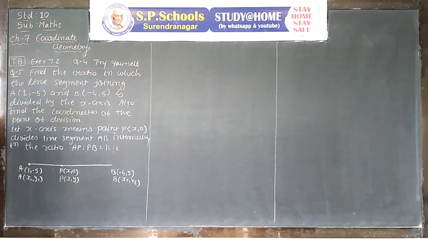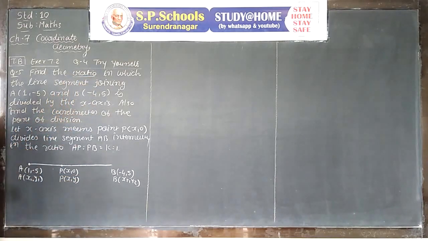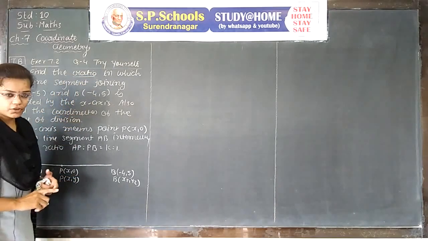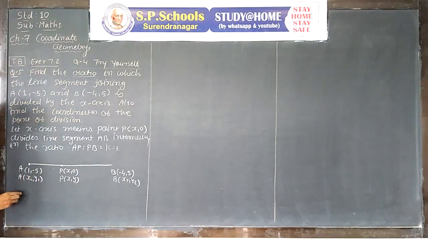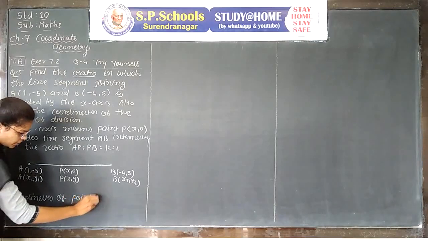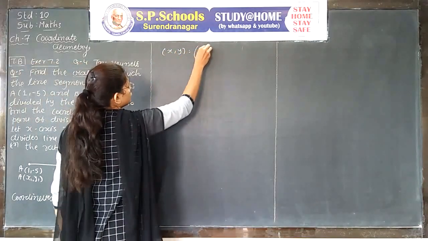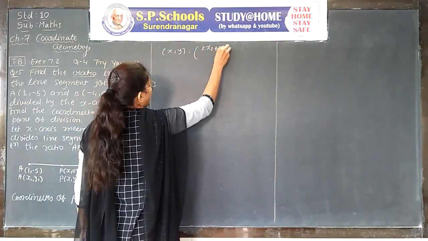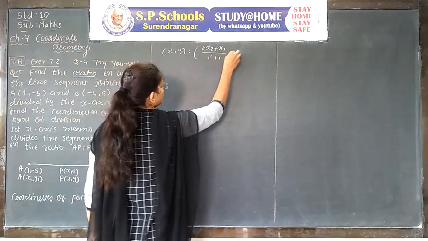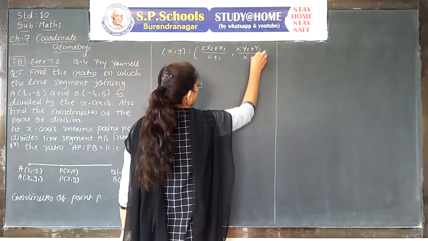We need to find two things: one is the ratio and second is the point of division. We can apply here the section formula: coordinates of point P (x, y) are ((kx2 + x1)/(k + 1), (ky2 + y1)/(k + 1)).